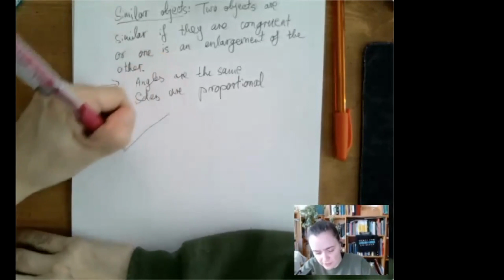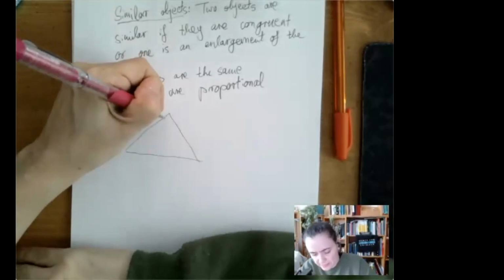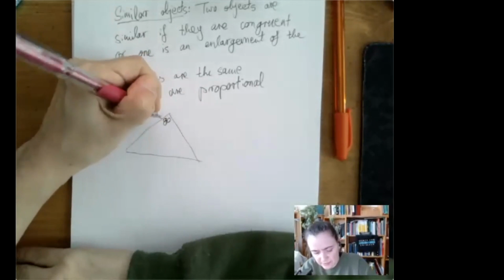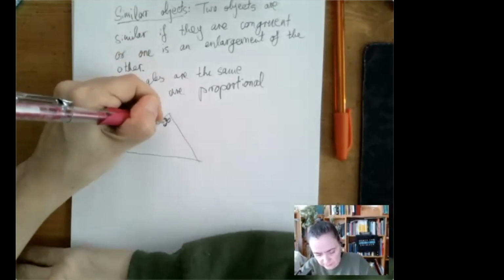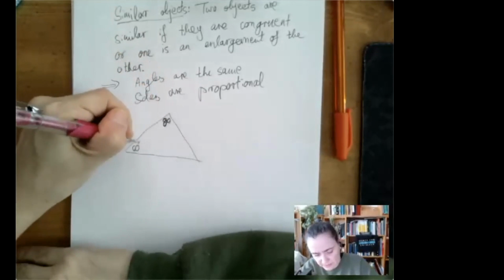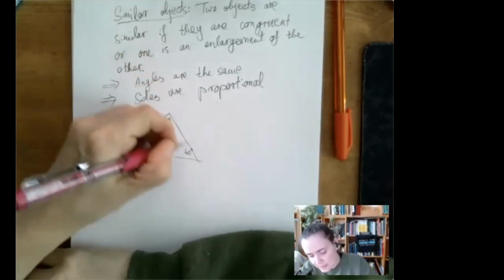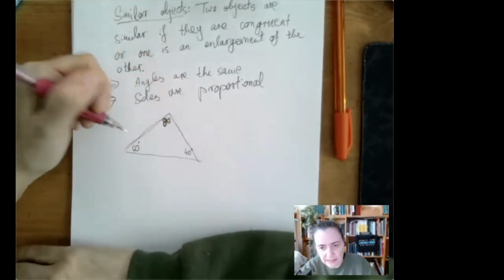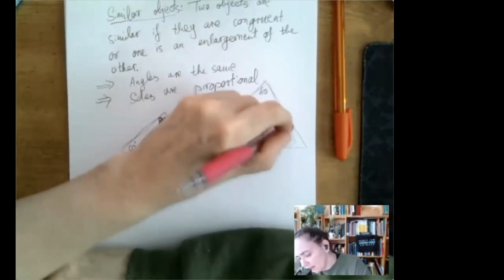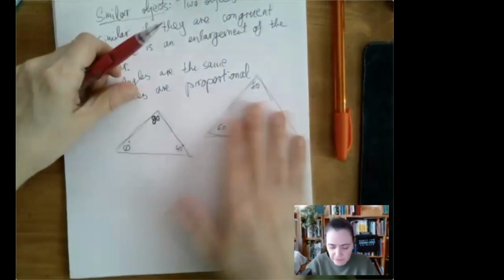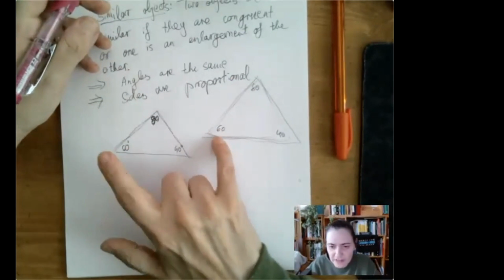So if we have a triangle where, let's say this is 80 degrees, and this is 60 degrees, and this is 40 degrees, then any triangle similar to this will have the same angles. So when I say same angles, that doesn't mean two angles in the same triangle. It means there are corresponding angles.